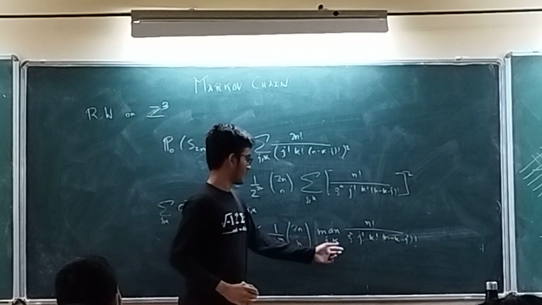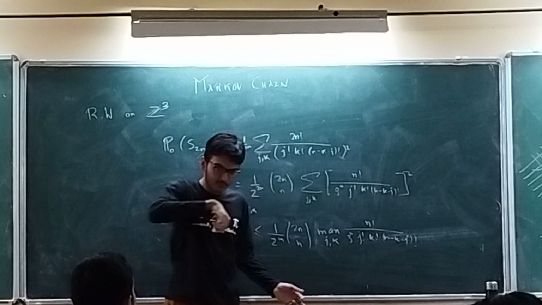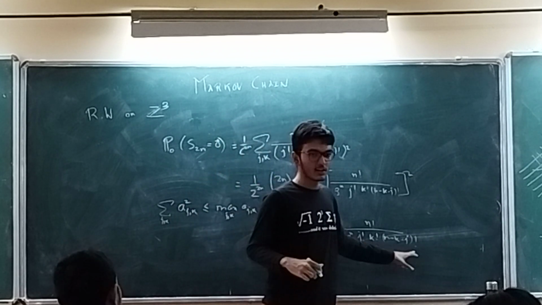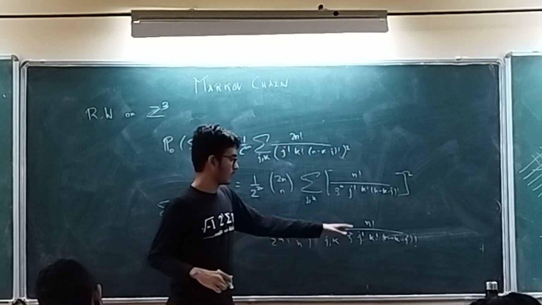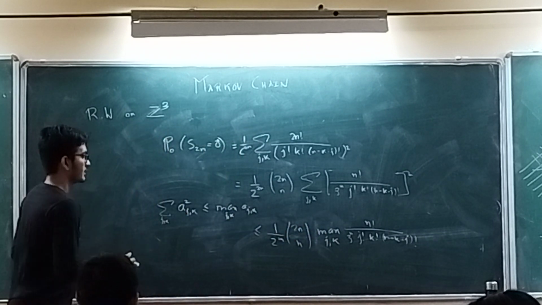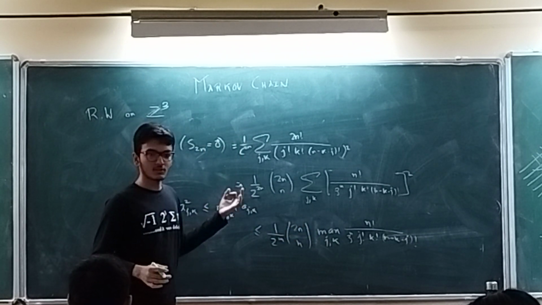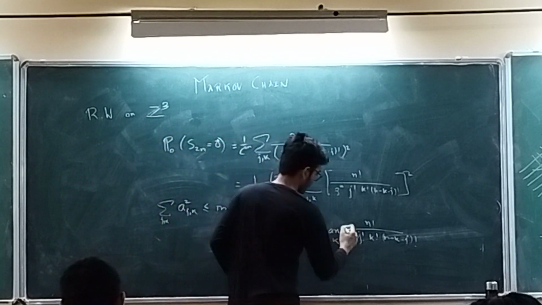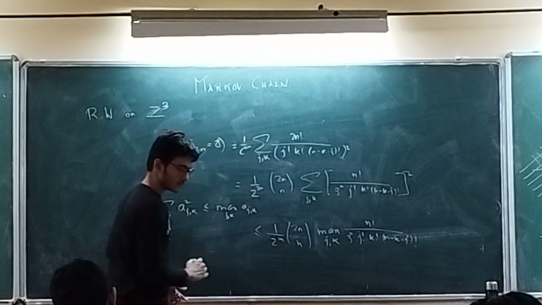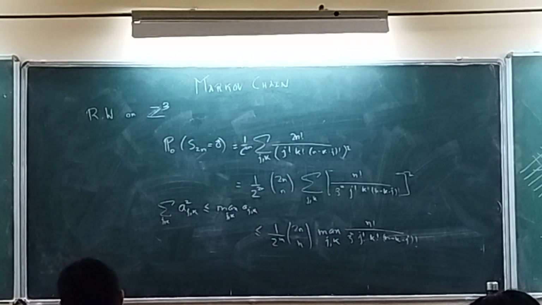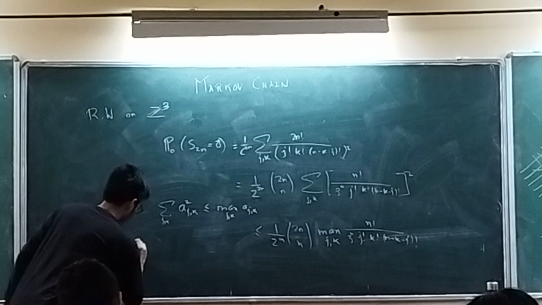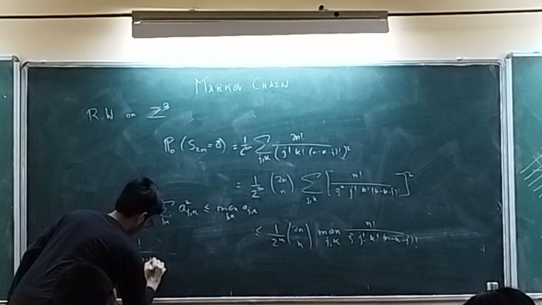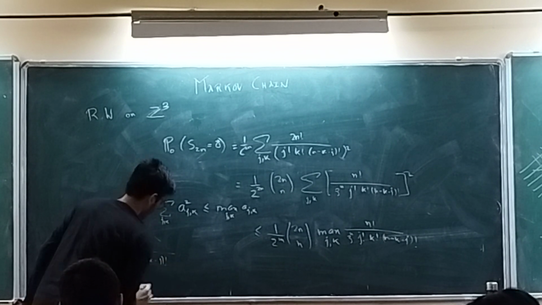Now, when does this term achieve maximum? Again, I will leave small details to you. This achieves maximum when these three are all equal. Of course, it will not be possible for all n, but quite close. So for large n it doesn't matter. So I will just replace them by n by 3. But before that, I will use Stirling's approximation over here. I will just see my notes, I don't want to mess this up.